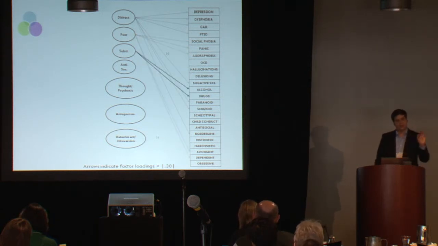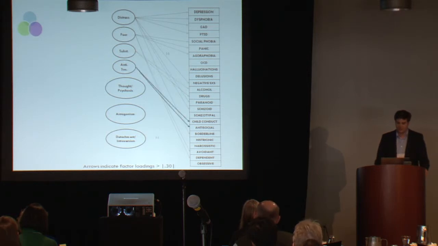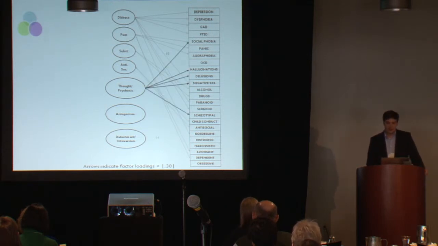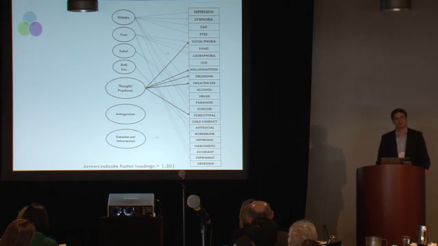Substance use is also very narrow, just related to alcohol and drug diagnoses. Then you have an antisocial factor, so that separates out. Then you have thought and psychosis, and that includes schizotypal in addition to the hallucinations, delusions, and negative symptoms, but also social phobia, I think capturing some of the social withdrawal that you find in schizophrenic patients.